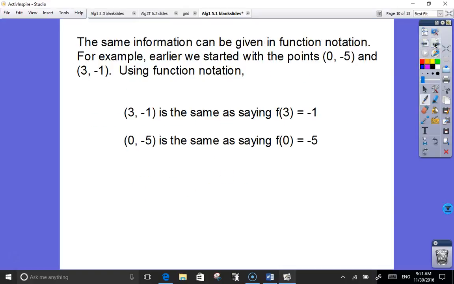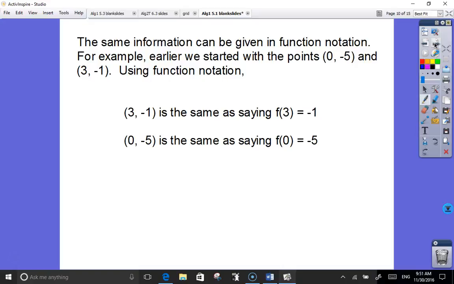Okay, so we were introduced to function notation in the last unit, where you can say f of 3, f of 0. You can think of f of x as like y. It's the same thing as y, but it's a notation that gets used a lot in math. They're going to give us some problems where they don't give us the point directly.